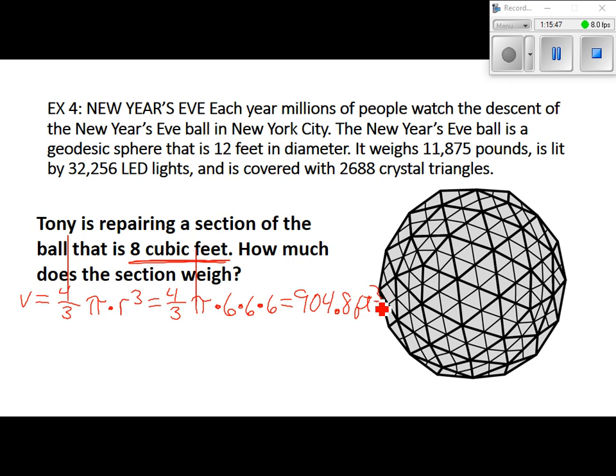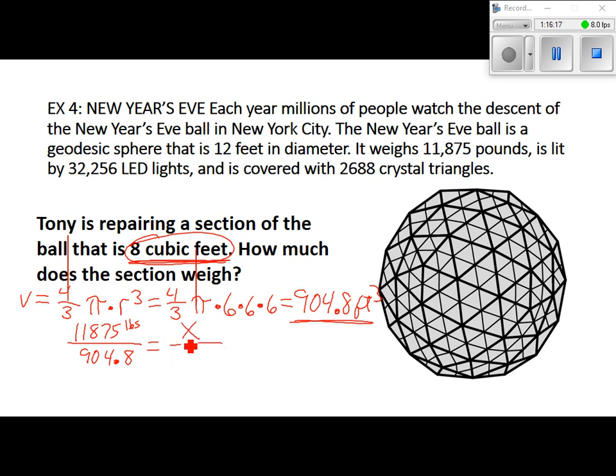Now, we don't want the whole thing. We only want 8 cubic feet. So we know the weight of the whole ball is 11,875 pounds. And that whole ball has a volume of 904.8.